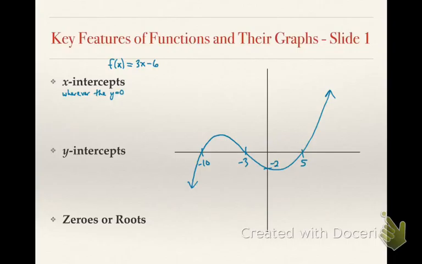The y is equal to 0 wherever f of x is equal to 0. To solve for the x-intercepts, I would do 0 is equal to 3x minus 6, and then solve for x. So I get 3x equals positive 6, adding 6 to both sides, x equals 2. So in this case, the x-intercept is 2.